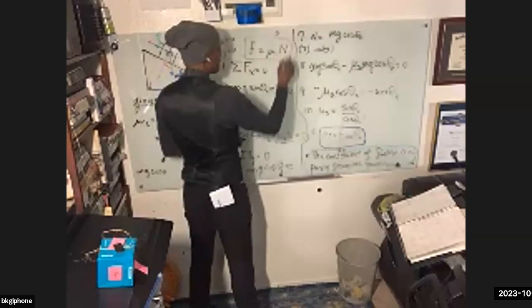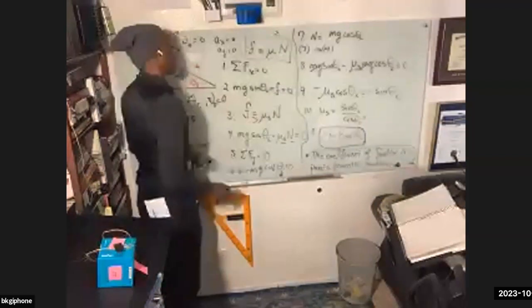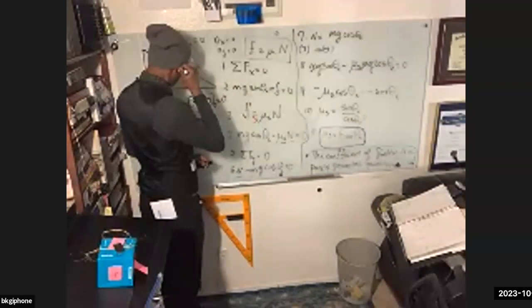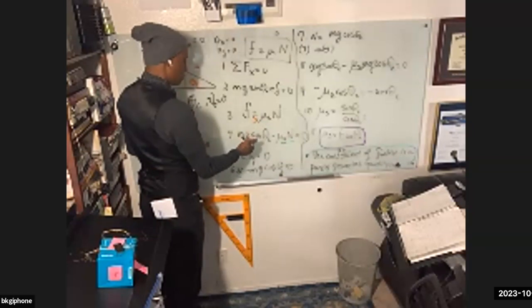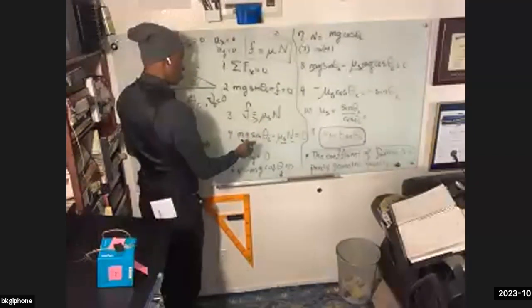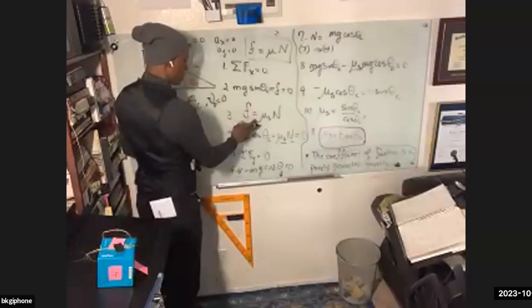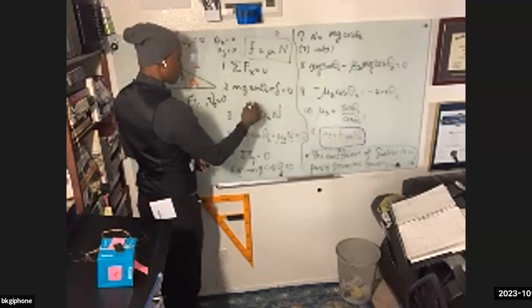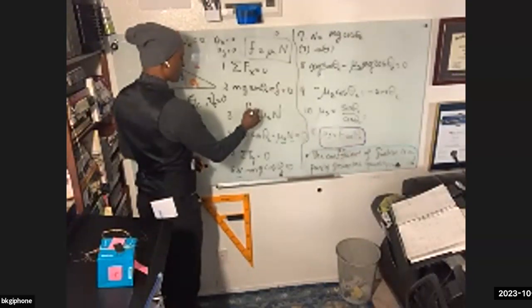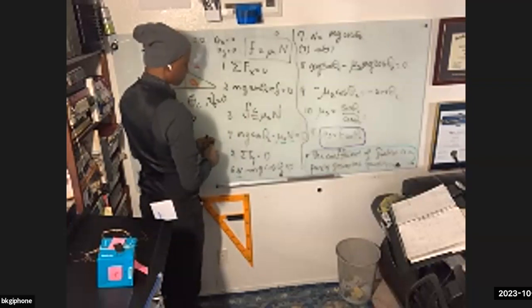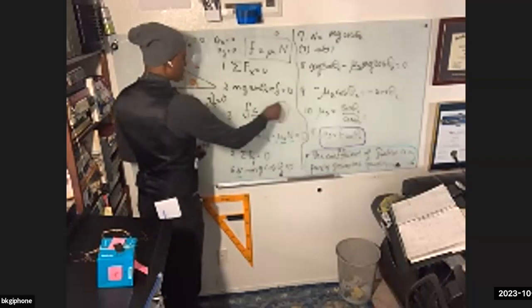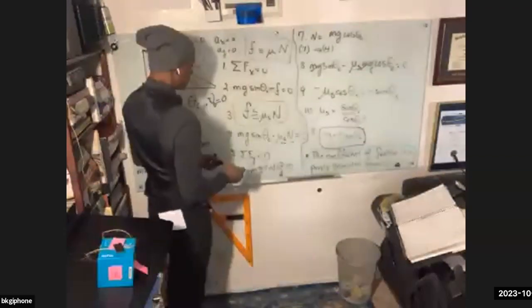So we have that, but when we make it specific to the static or kinetic friction force, this is the relationship for static. So the friction force is less than or equal to this value, and for kinetic friction it's just equal to.